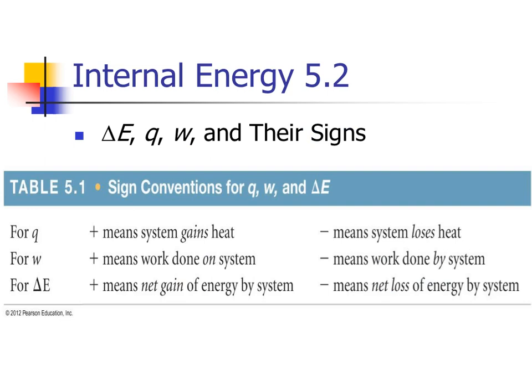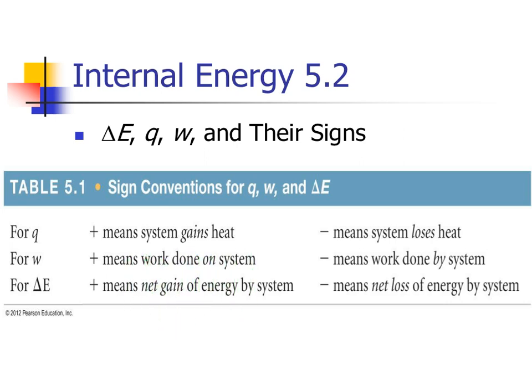As we see here, we have a lot of different things we can look for. If Q is positive, that means the system is gaining heat, meaning it's entering the system. If it is negative, it is losing heat, and therefore it has exergonic tendencies. If the sign is plus for the work, that means work is done on the system.